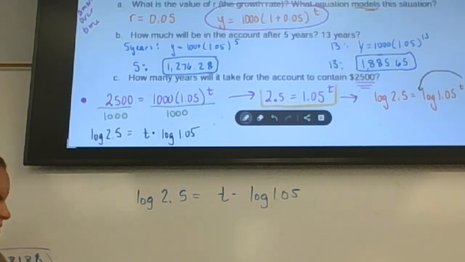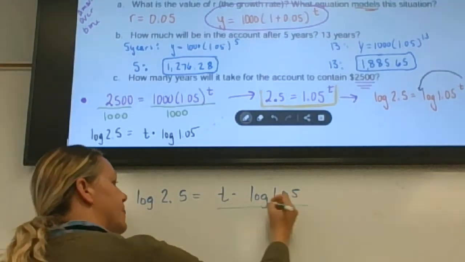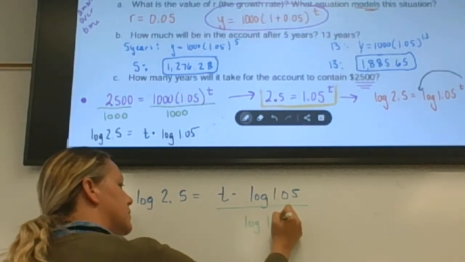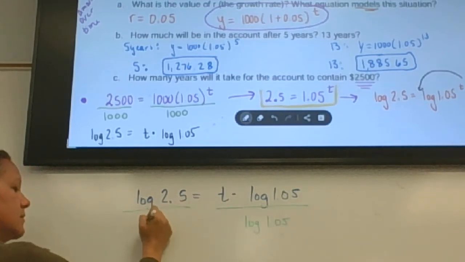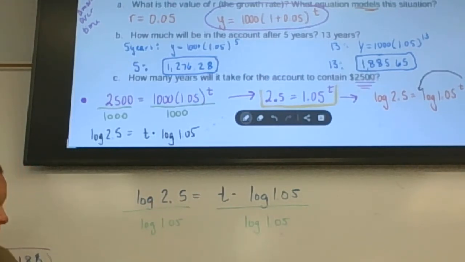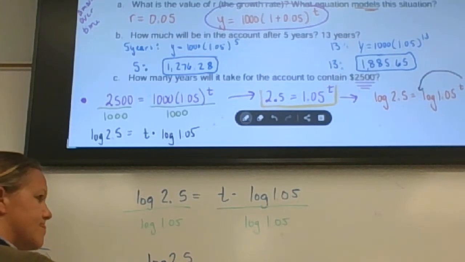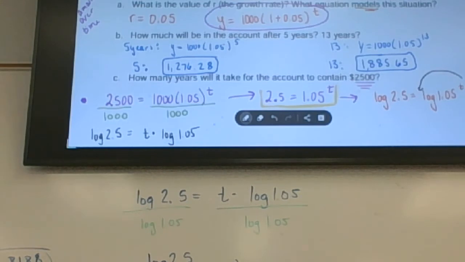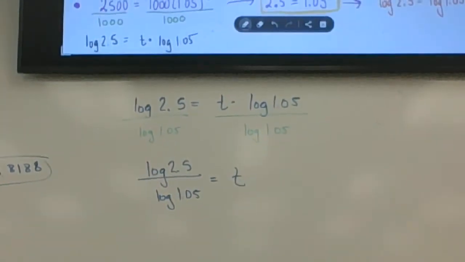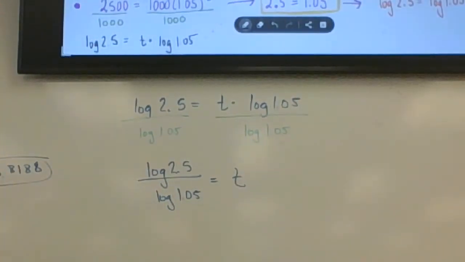I'm trying to get this t by itself, so divide. So in your calculator, this will tell you the time it takes. And this is how people do make financial decisions. This is what software does for us. Helps us make decisions about how long to invest for.